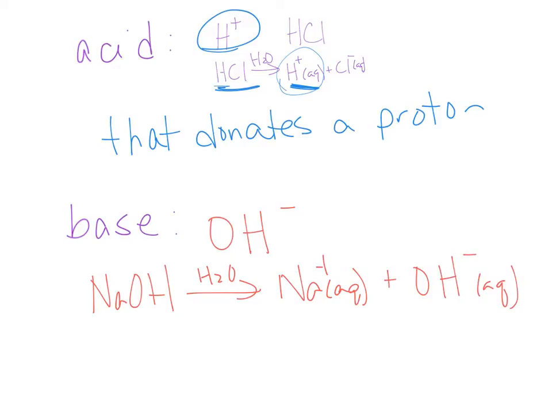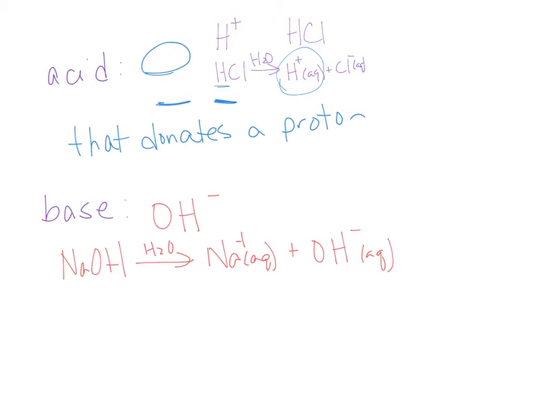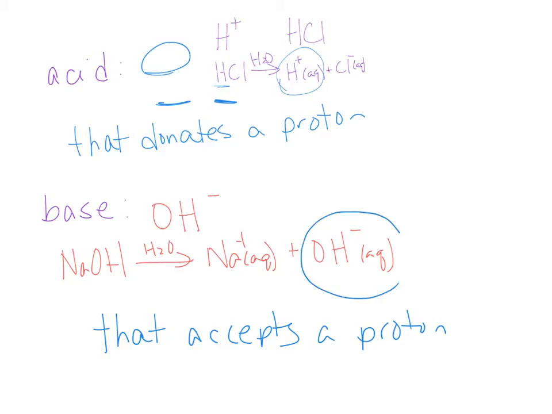Now, today we're going to broaden this definition a bit. We're going to say that a base is anything that accepts a proton. Because, as you can see, hopefully, if this hydroxide ion is floating around in water and it meets up with a proton, hello proton, it's going to accept this proton.